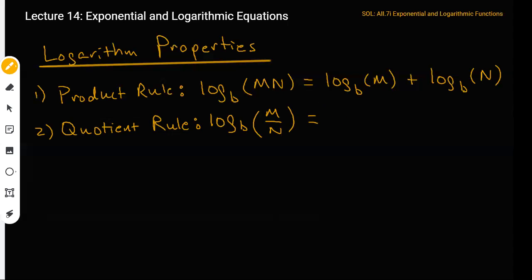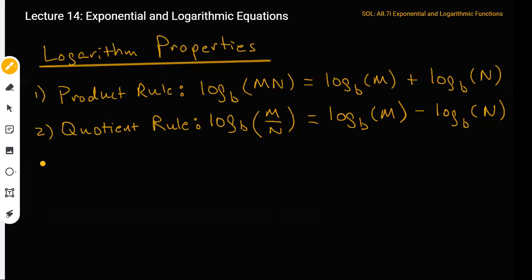We're going to be using the same base, that's for sure. So we're going to have a base of b and a base of b over here. We're going to have m and n inside the parentheses. But instead of a plus, we're going to use a minus. And some of you probably guessed that. So if you're dividing on the inside, you can change that to a subtraction if you break up the inside.